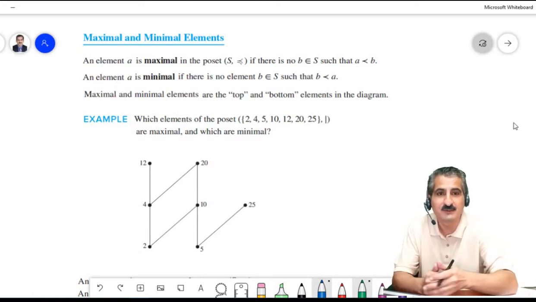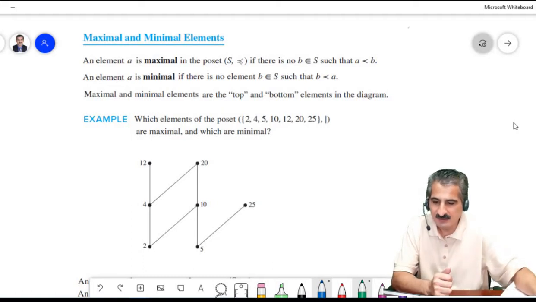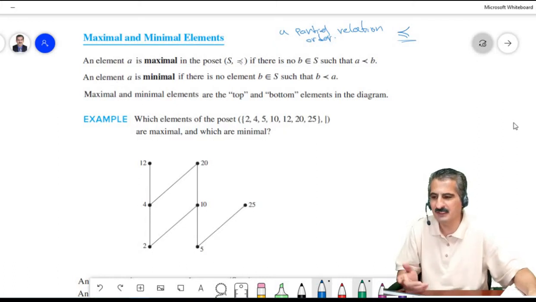The less than or equal here, again, I want to emphasize it, this notation refers to a relation. This is a partial order relation. Okay, so when we see that as a partial order relation, then that will say less than or equal.